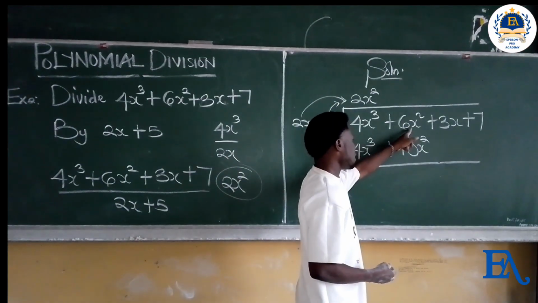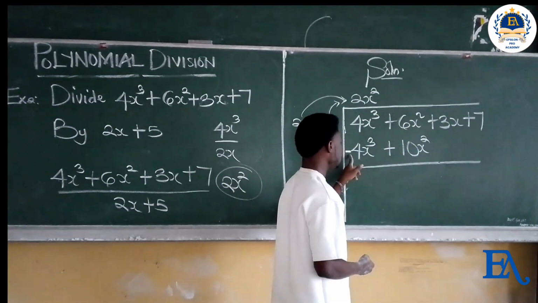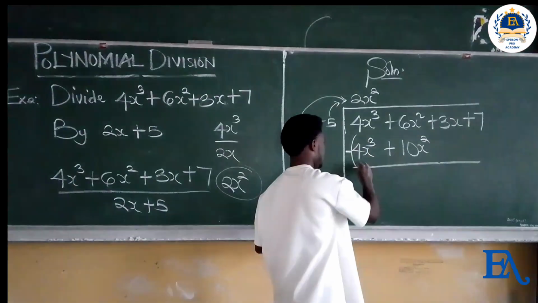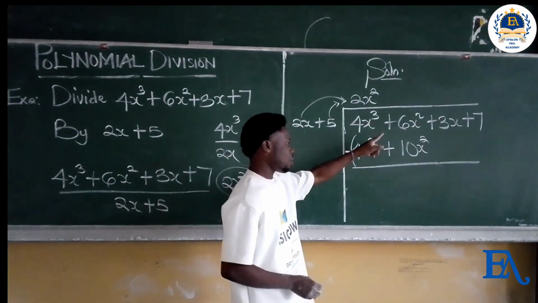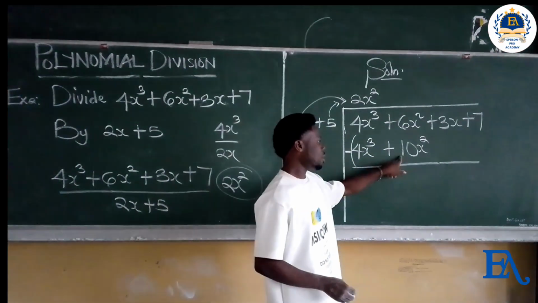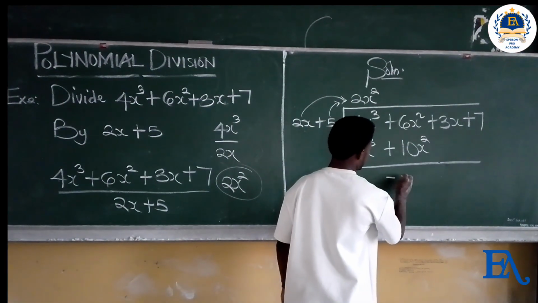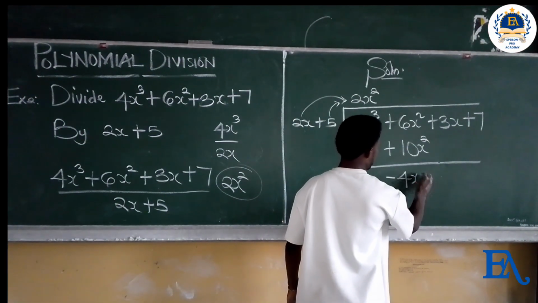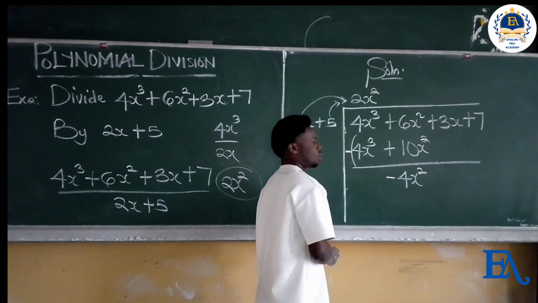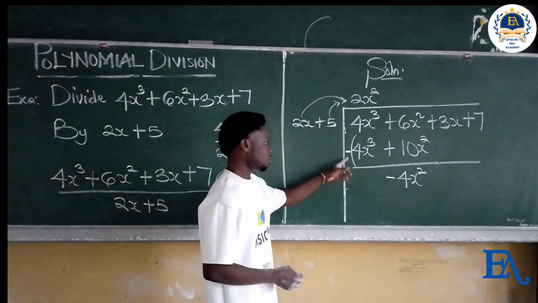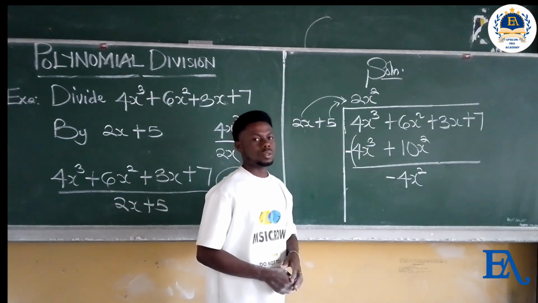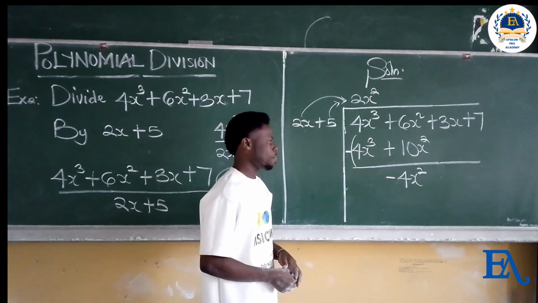Next is 6x squared minus 10x squared. This is going to give minus 4x squared.